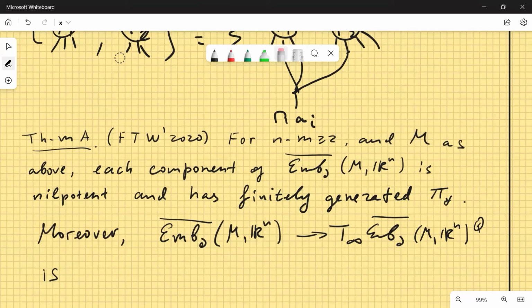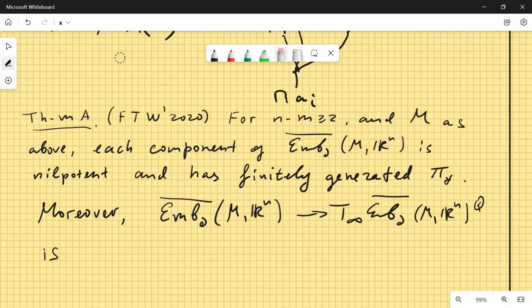And moreover, the map from the embedding space to the rationalized version of the Goodwillie tower is finite-to-1 on pi 0.